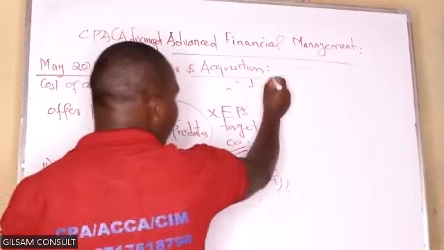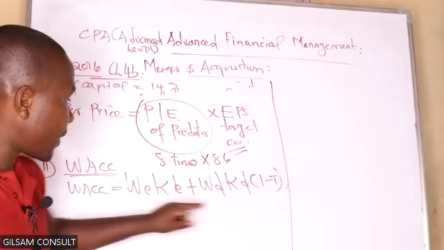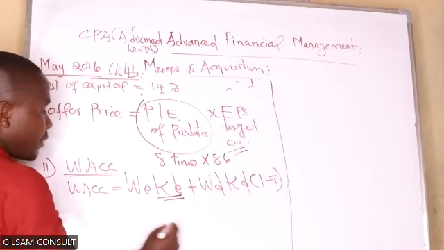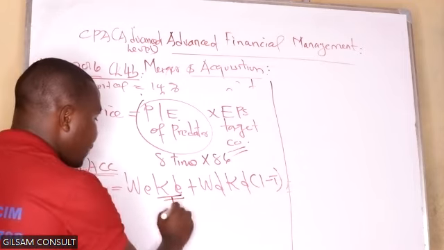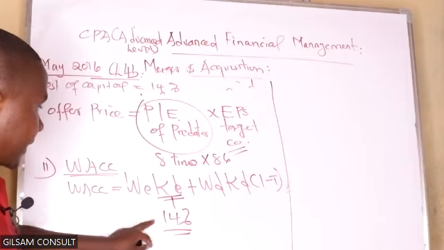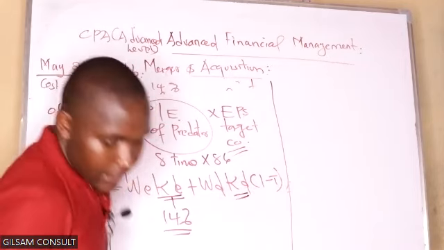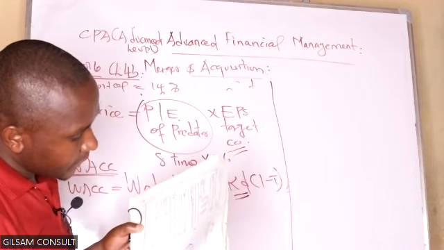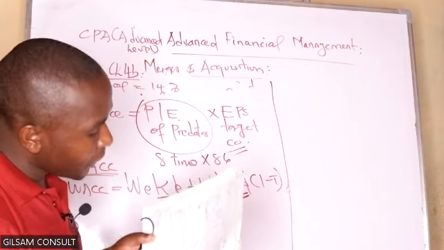So now, how do we get the weights and the cost of each? We know the cost of equity, KE, which is 14%. If you remember very well, we used CAPM to get this 14%. And do we have the cost of debt? Look at the question: Huge Limited could have a cost of debt of 7.4% before tax.